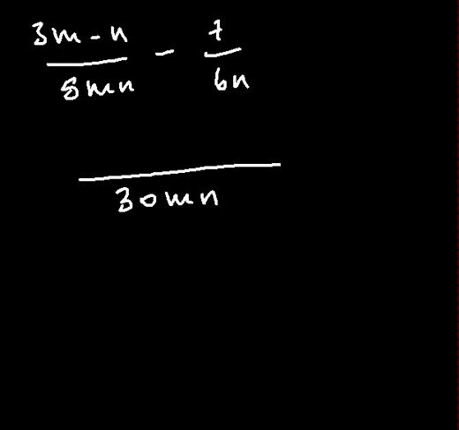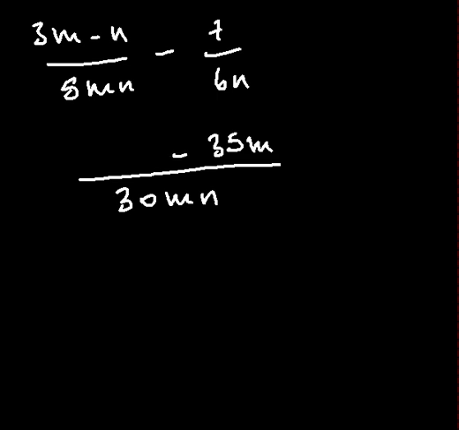In this case, 6 into 30mn is 5, and n into n is 1. Then we have 5m times 7, which is 35m, and the minus here.